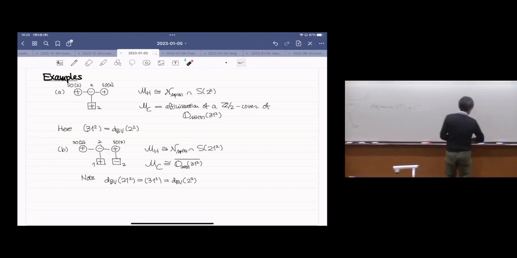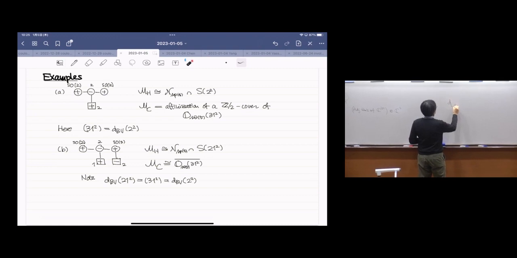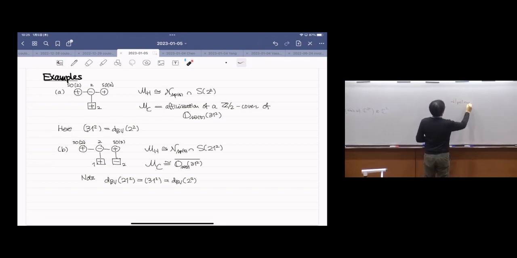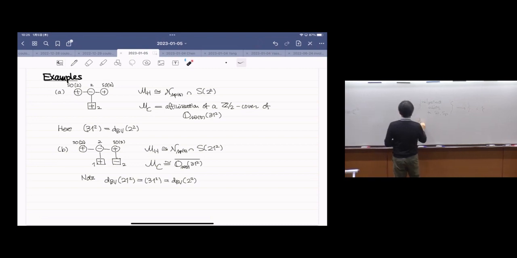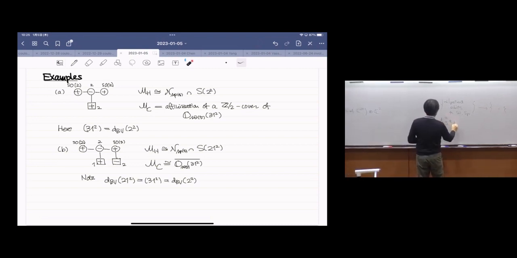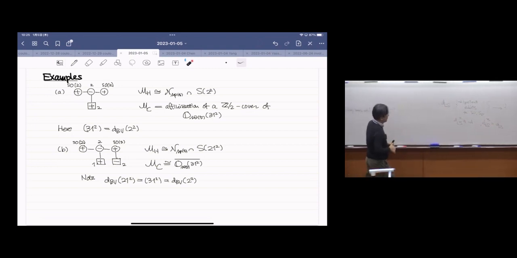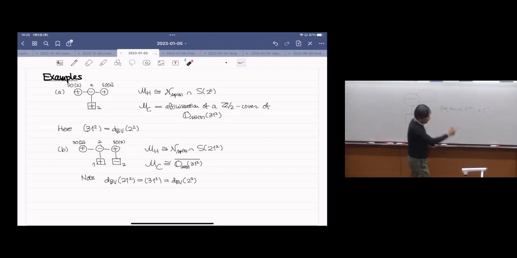So this Lusztig-Spaltenstein duality on nilpotent orbits sends all nilpotent orbits for SO or Sp to itself. But the D of LS square is not identity in general. But if composed 3 times, then this is returned back to the original.